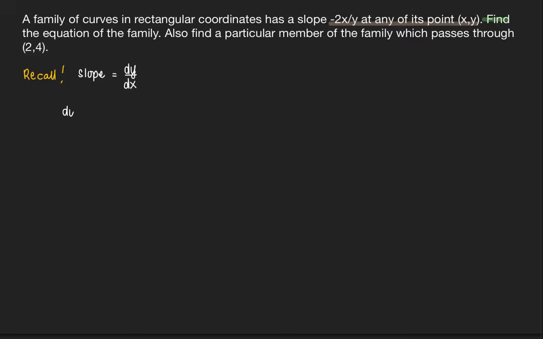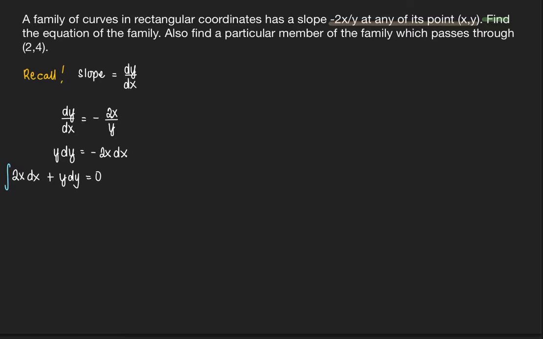So dy dx is equal to negative 2x over y. And this is actually our differential equation already. So solving the DE, this can now be solved by separating variables. So y dy equals negative 2x dx. So 2x dx plus y dy equals 0.